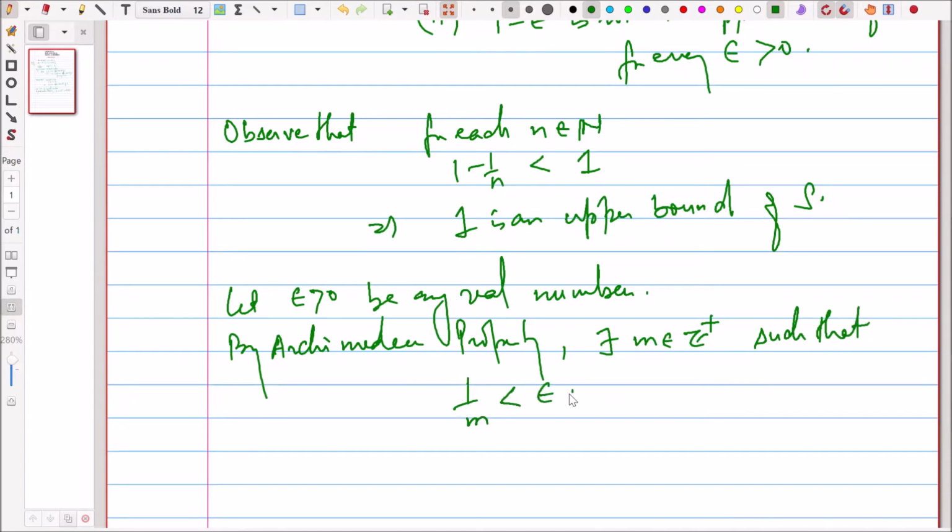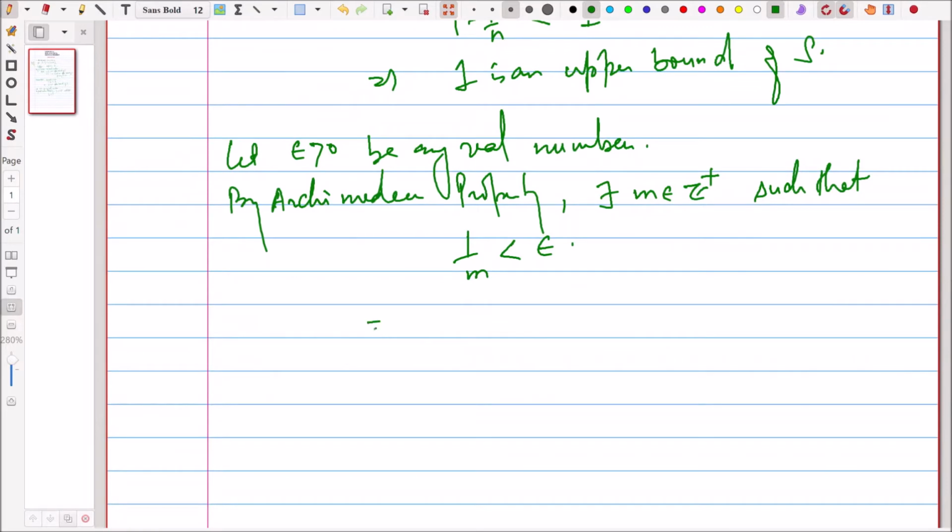So this implies 1 minus 1 by m is greater than 1 minus epsilon.